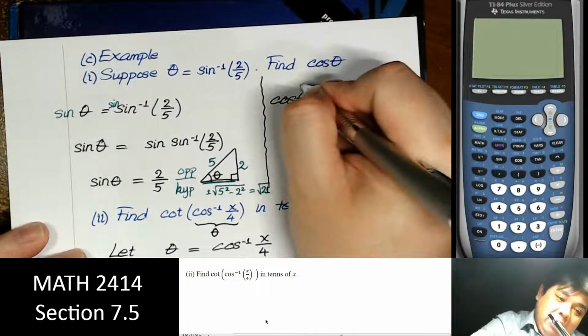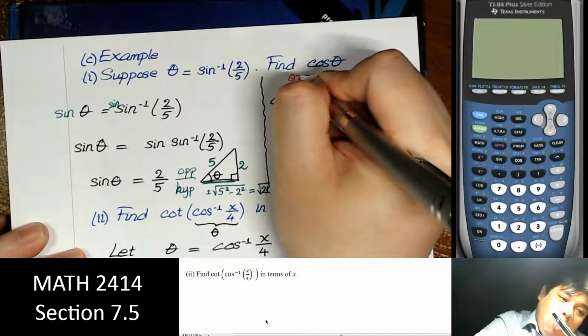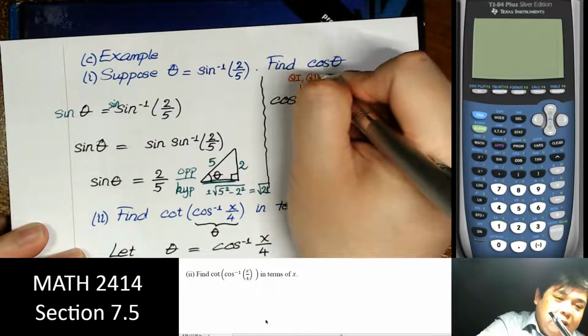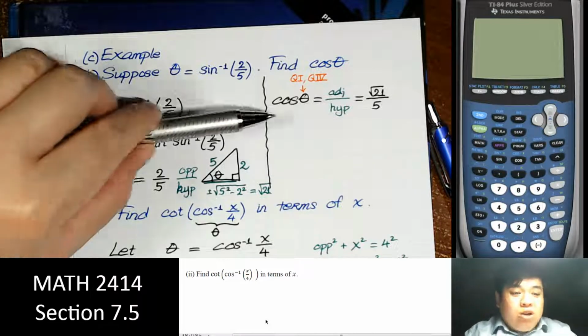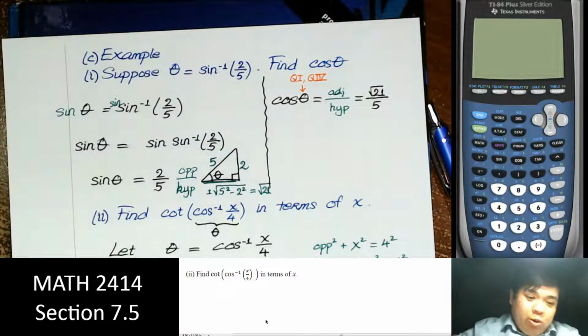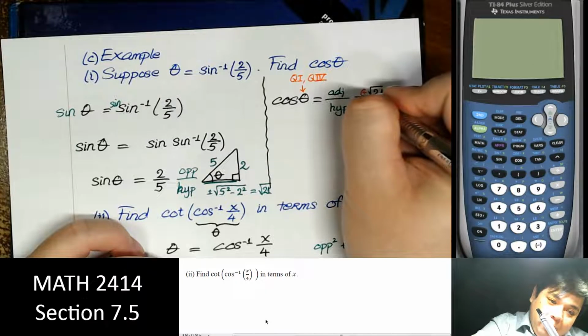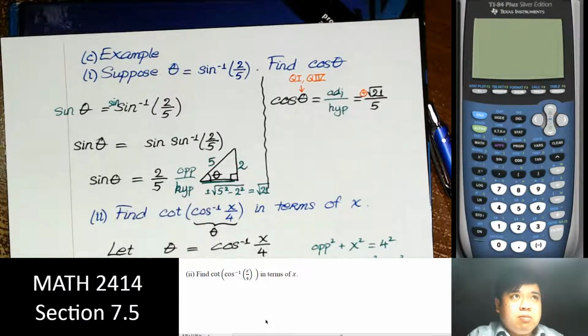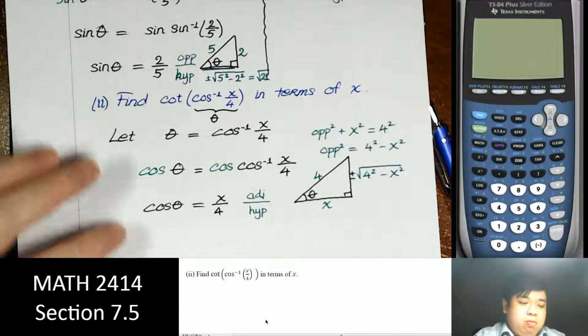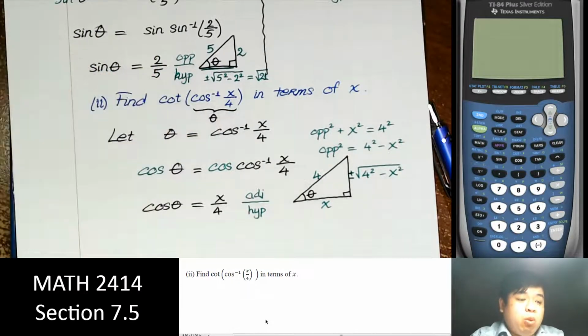So the theta here is in quadrant 1 or quadrant 4. And cosine of anything in quadrant 1 and quadrant 4 is going to be positive. So technically we should have the plus or minus, but in most problems that would not be the case.